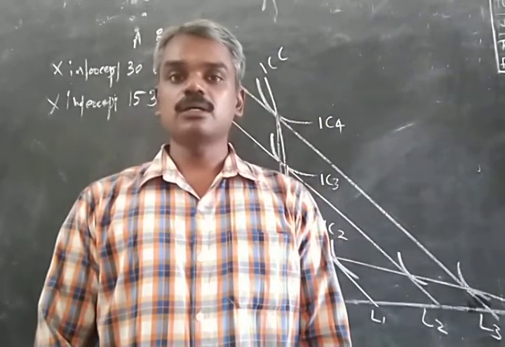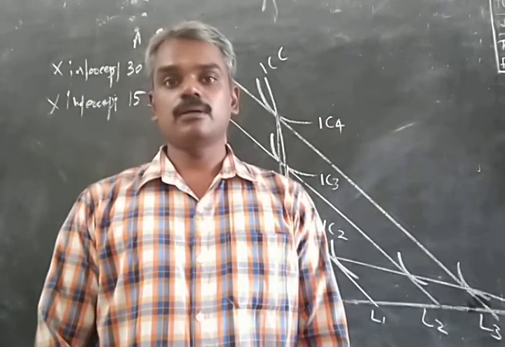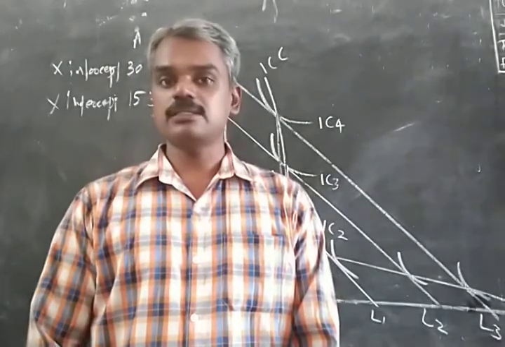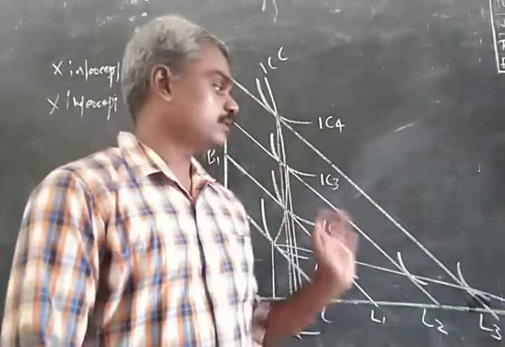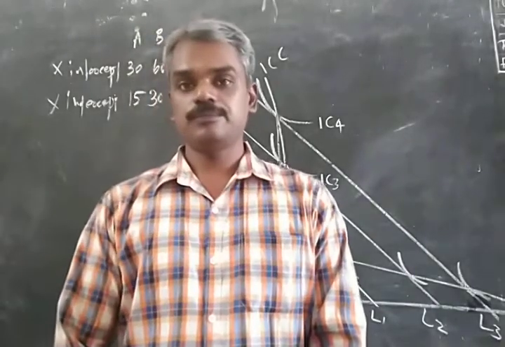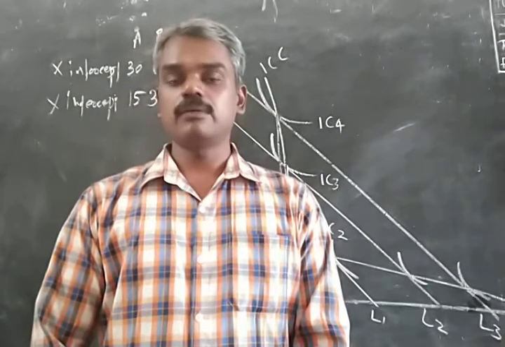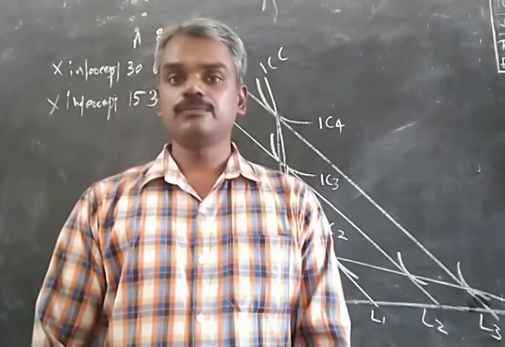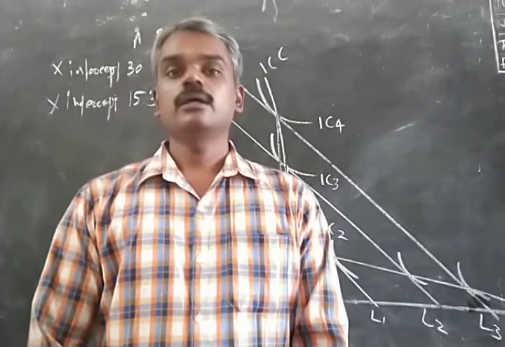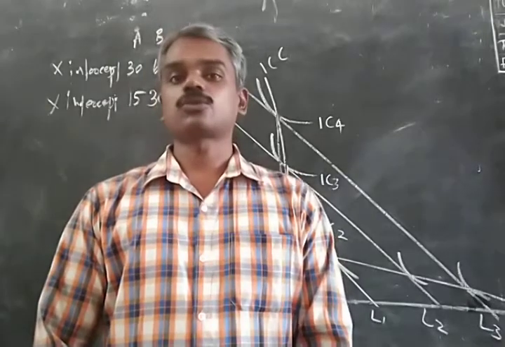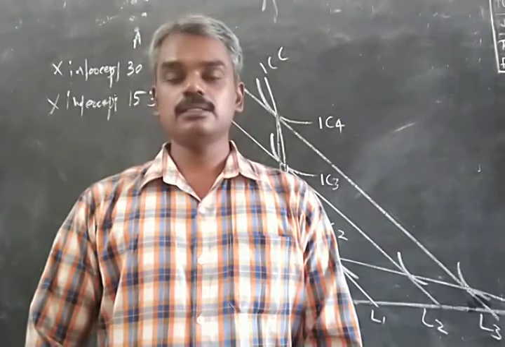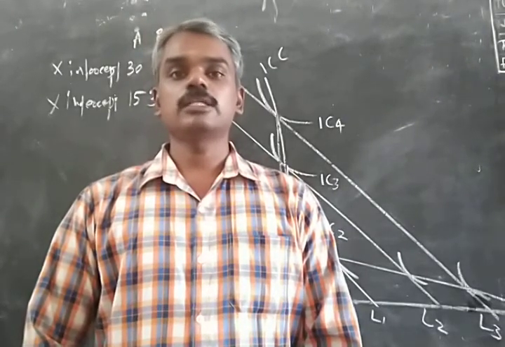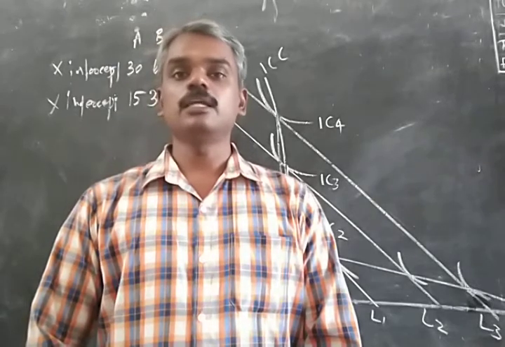An income consumption curve will slope to the left when the commodity measured on the x-axis is an inferior good, and it will bend towards the right and downwards when the commodity measured on the y-axis is an inferior good. Okay, so this is about normal and inferior goods. So the two things that we have studied in this class are how the budget line responds when income changes.